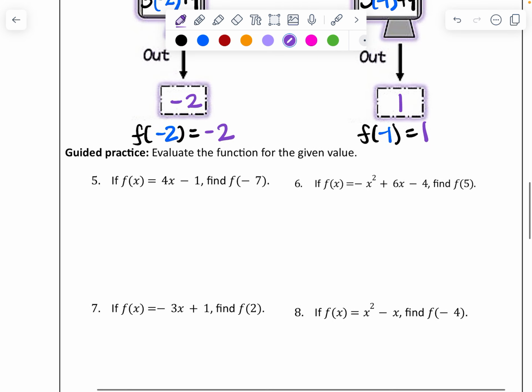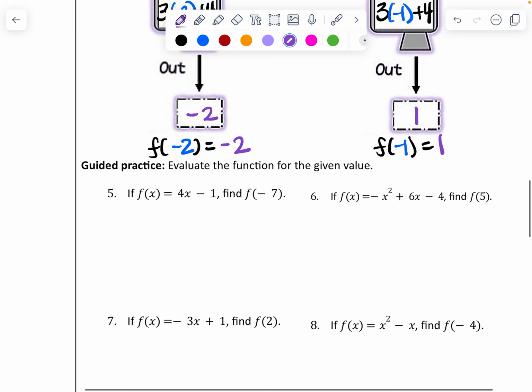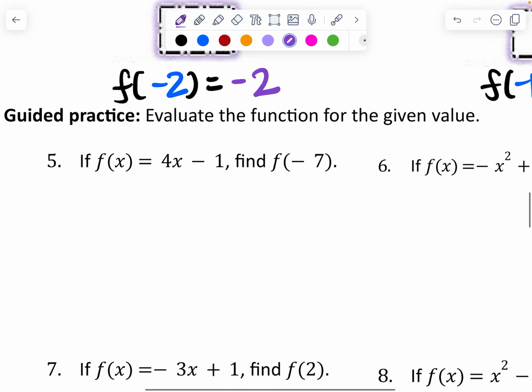So now let's put this into practice using different functions with different inputs. So we're going to evaluate the function for the given value. Remember that this is going to be our input, and we're going to put it right here, in the rule. So it says find f of -7. I'm putting -7 right here into the function.